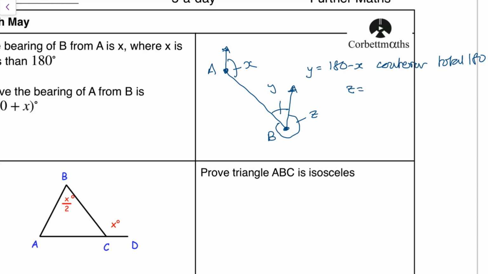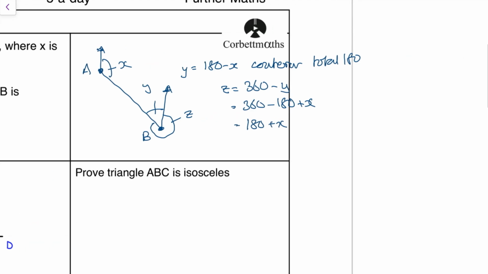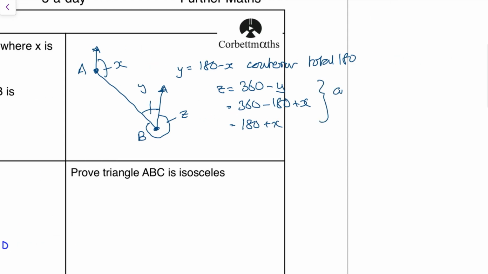So therefore z is equal to 360 minus y, which is equal to 360 minus 180 minus x, minus is a plus, which equals 180 plus x. And I need a reason because angles around a point, not in a circle, but around a point, total 360.